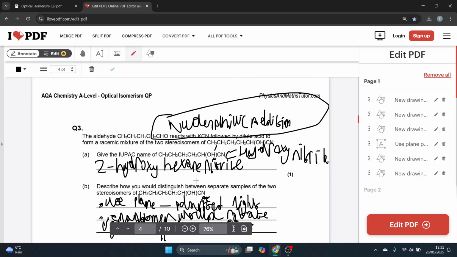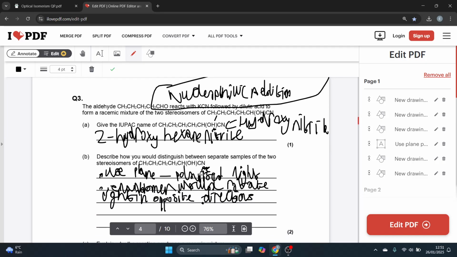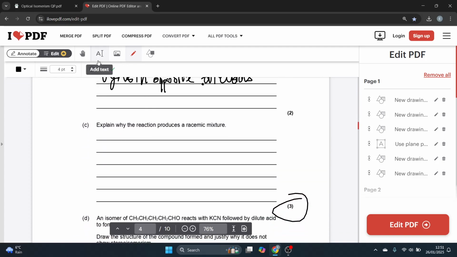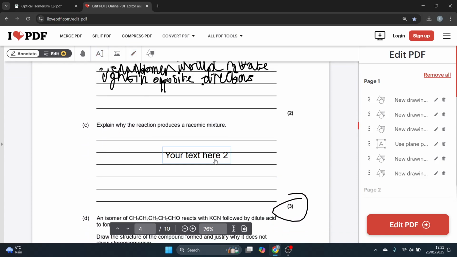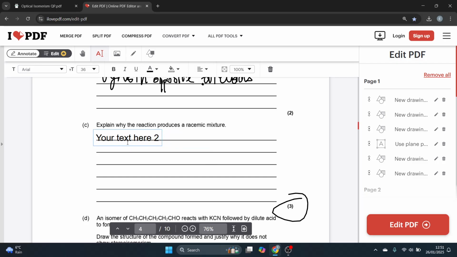Well, I've got the aldehyde, and what I need to know is that it's got a planar carbonyl group, or you could just say planar. But what this means is that it can attack from either side.